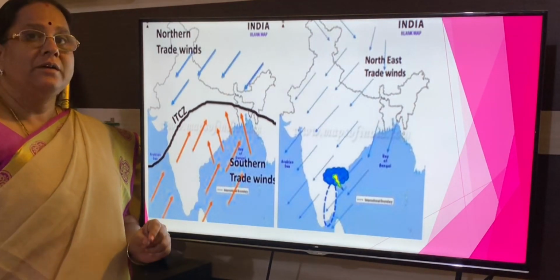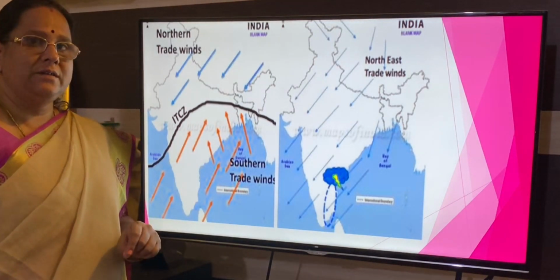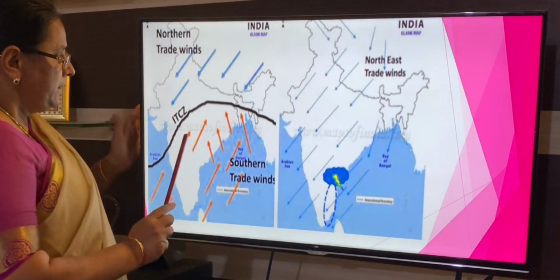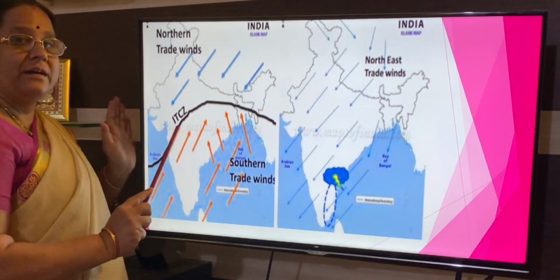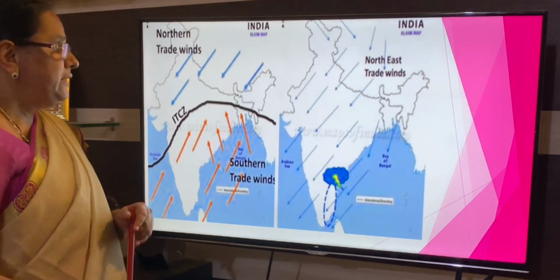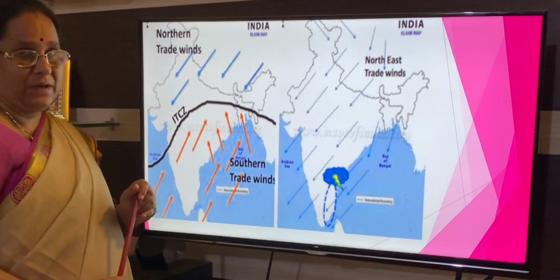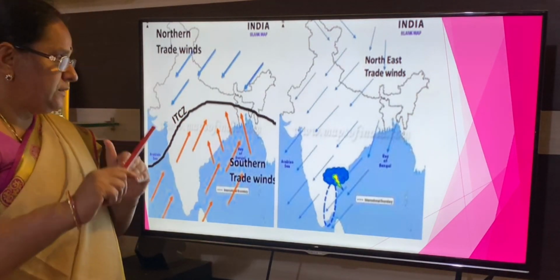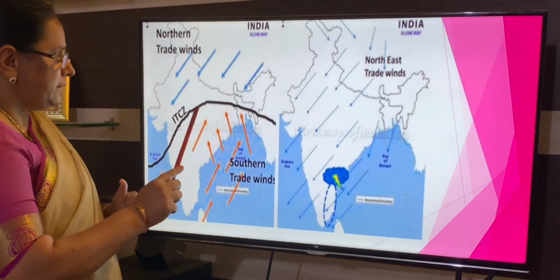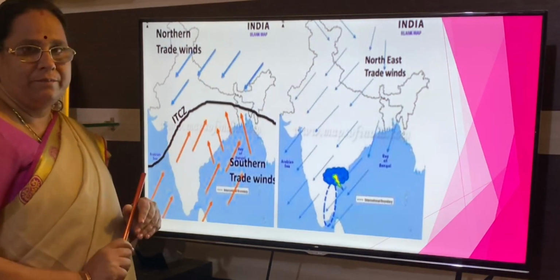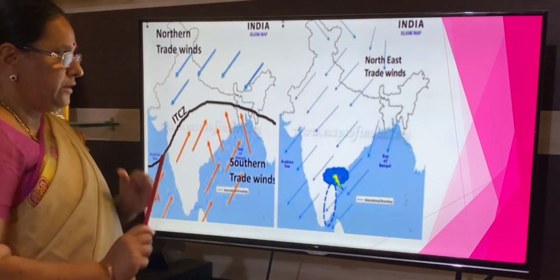So, remember first about the rainy season. In the rainy season, I taught you that as the summer season comes to an end, there will be a rise in the temperature. As the temperature rises, you can see that in the central part of India will develop low pressure. Is that clear, children?